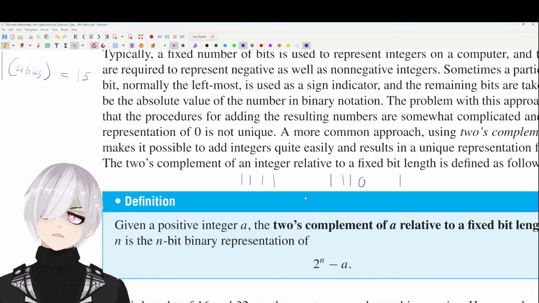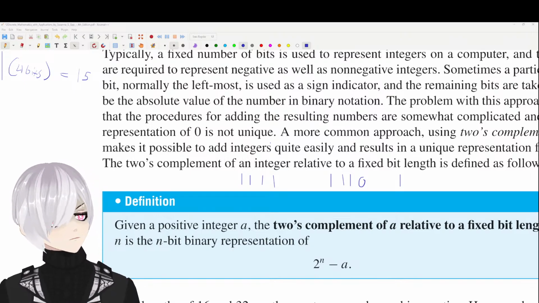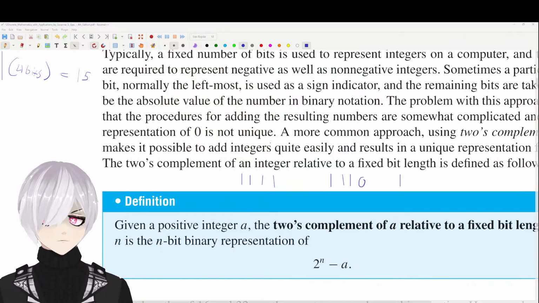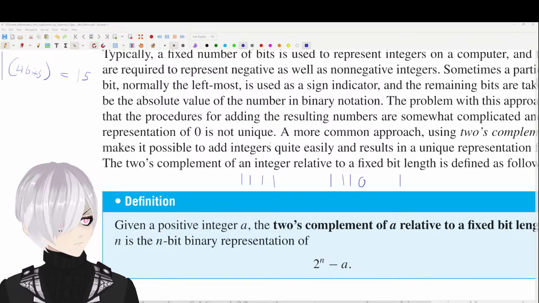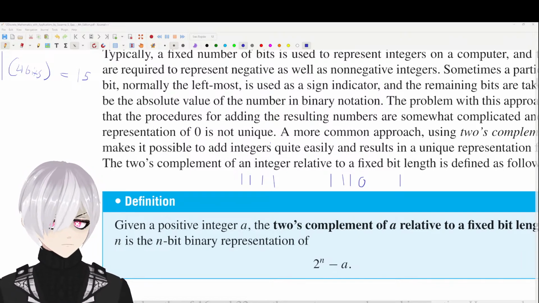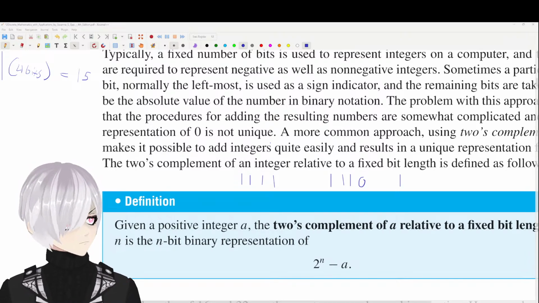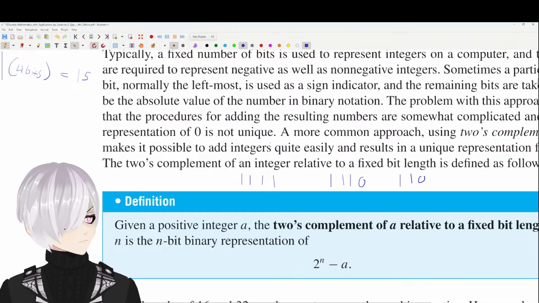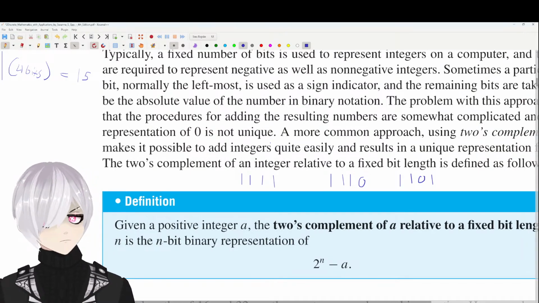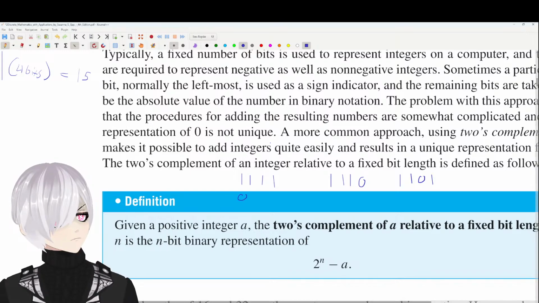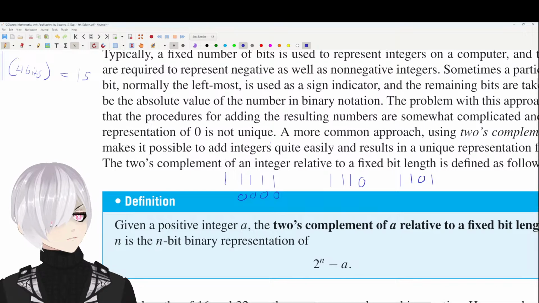Yeah, I guess the thing they're going to talk about later is how using the two's complement to correspond to the number makes doing arithmetic easier, and it also allows for a unique representation of zero. So maybe what they mean is that when you're representing both positive and negative integers, you need a bit corresponding to positive or negative on the left-hand side.